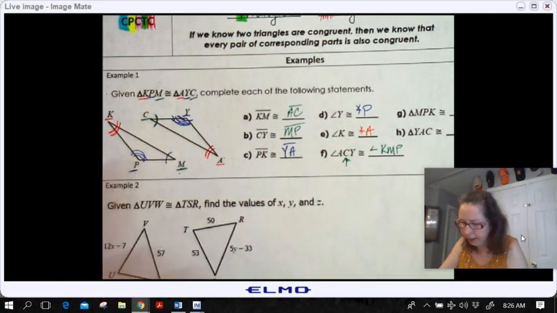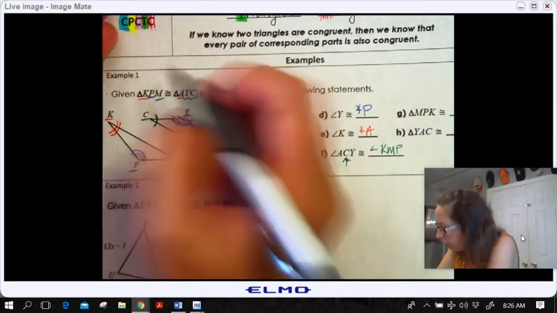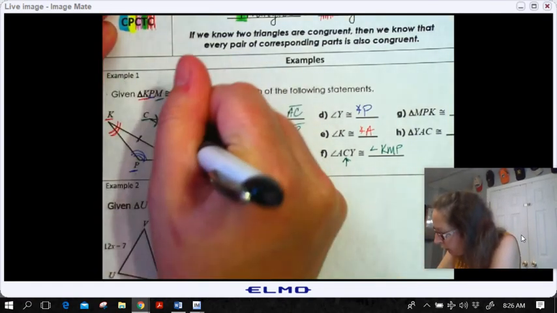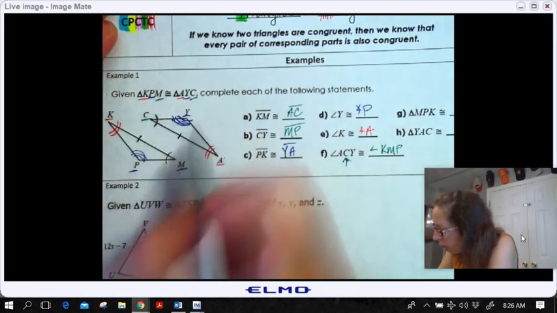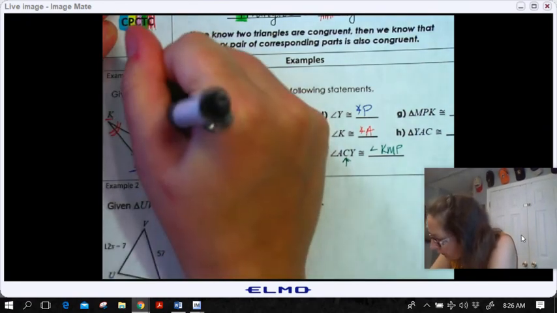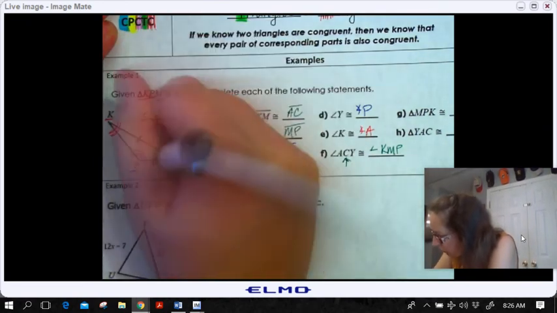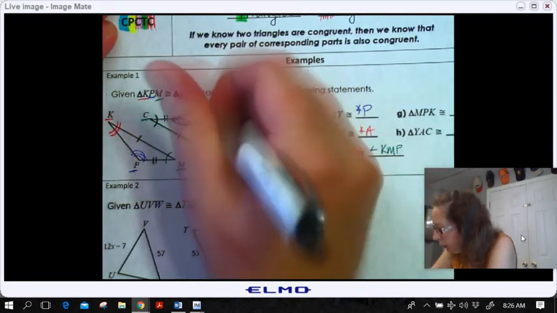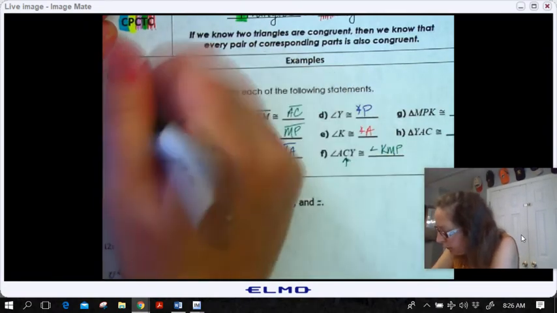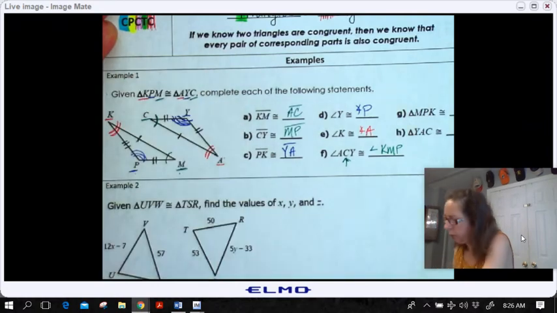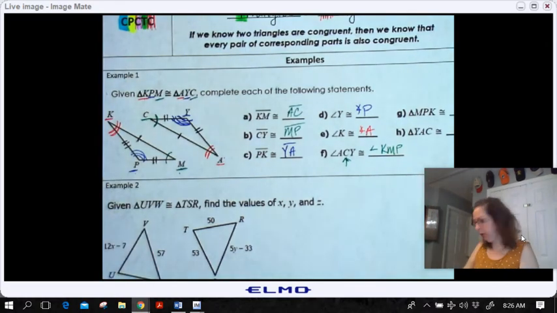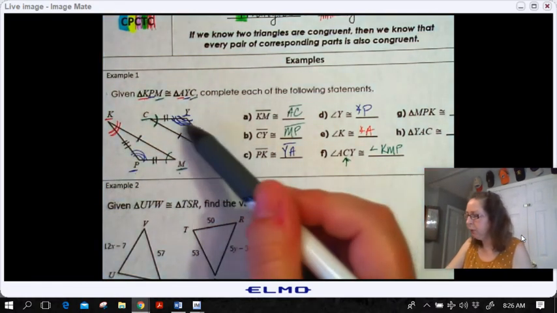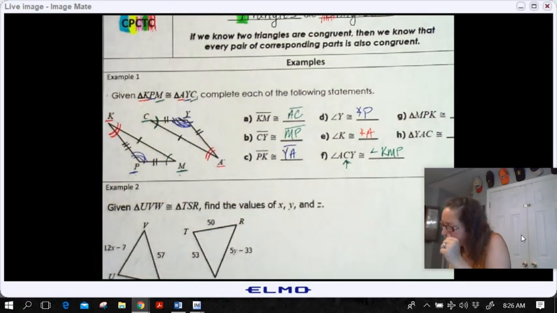So red to green and red to green are congruent. Green to blue, green to blue. I'm going to put 2 little tallies. Red, blue is that side. Red, blue. So this is what our triangles look like. I was a little messy on that one. It should be 3 lines.